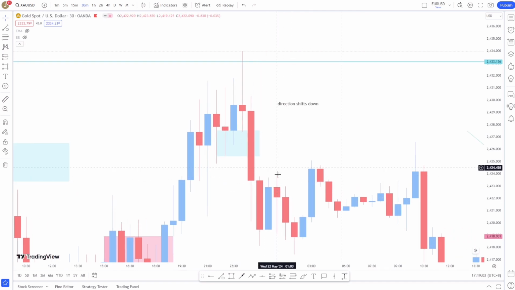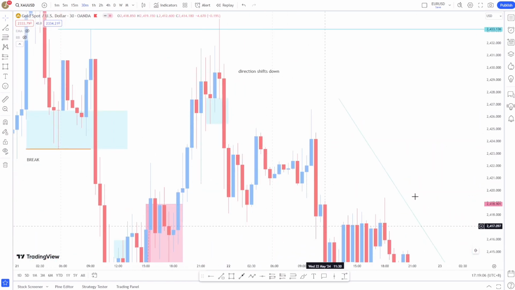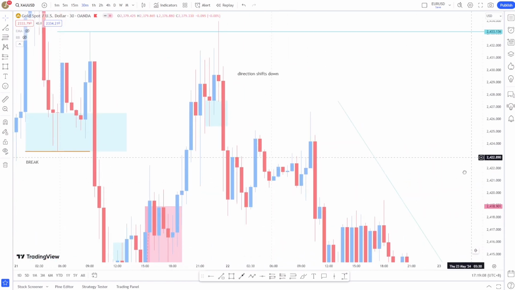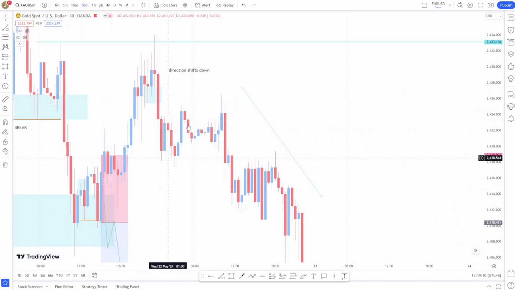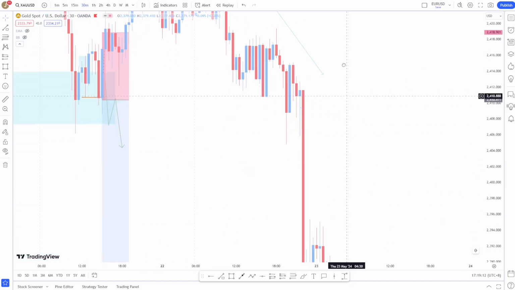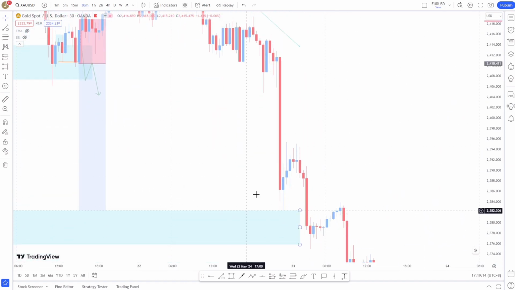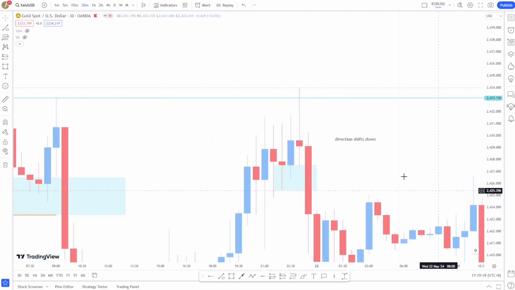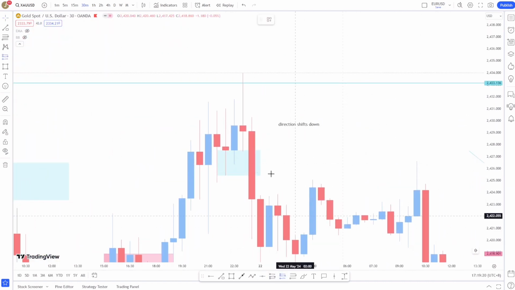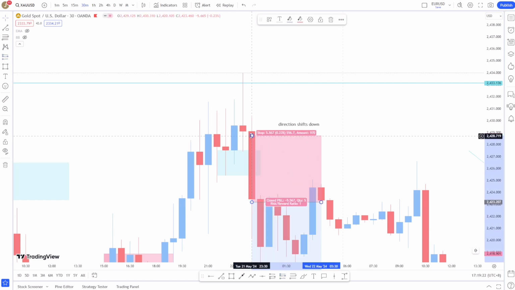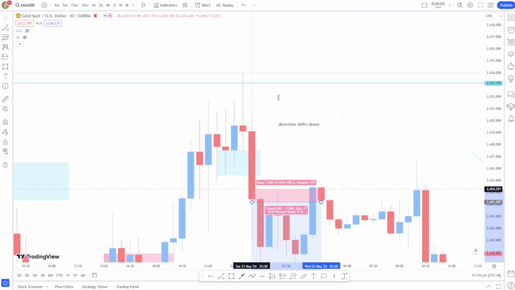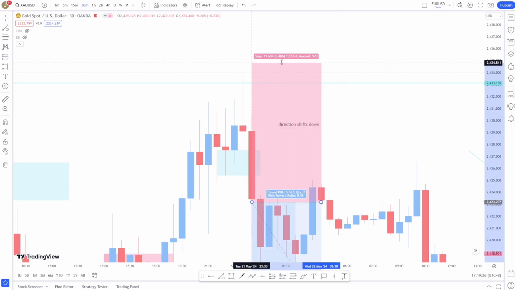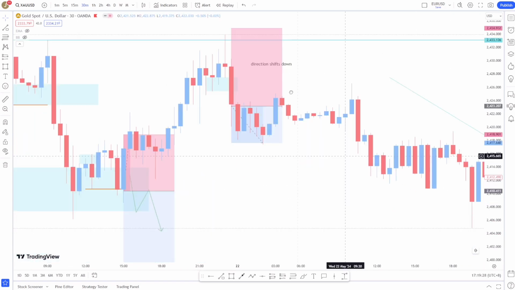Once this candle closes here, price is bearish, correct? And as you can see, price remains bearish, and you can capture really good profits. So once this candle closes here, you take a trade, you can enter here, put your stop loss about here, and then you can target here.